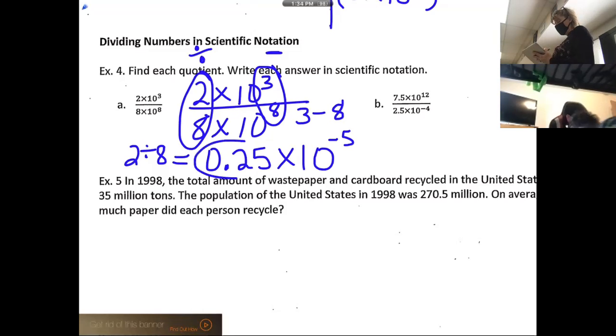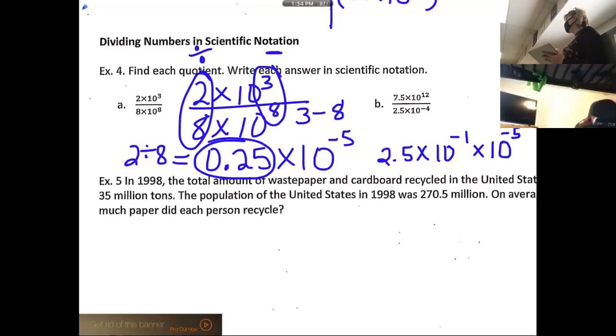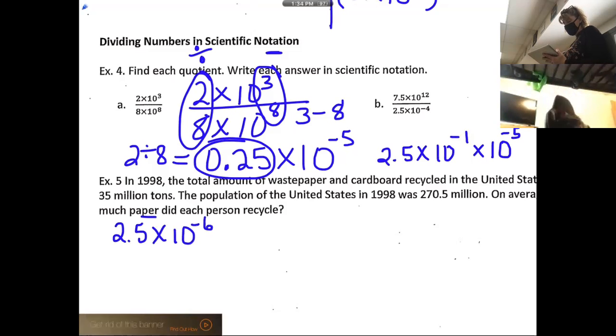So we're going to change 0.25 to 2.5. But since it was too small, we moved it one place, so it would be a -1. With the 10 to the -5 that we already had, when we put them together, what do we get? 2.5 times 10 to the -6.